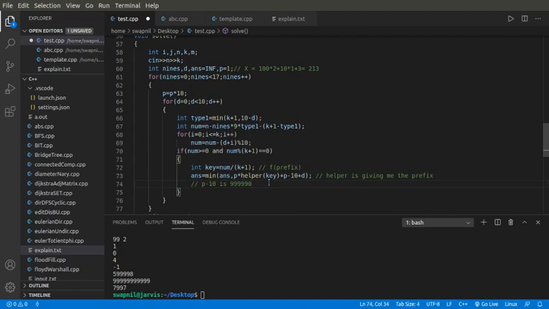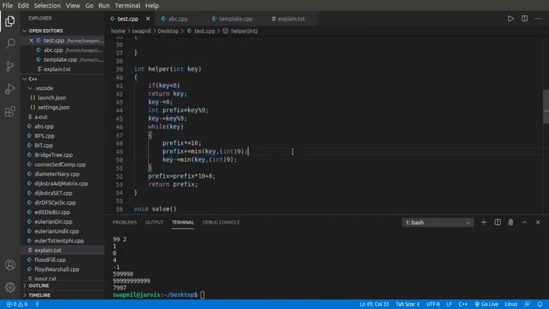So I'll just move to the explanation of how I am forming the prefix with the given key, and key here is the sum of the digits of the prefix. So I have first checked if my key is less than 8. If my key is less than 8, then there is no meaning of greedily forming that particular prefix.